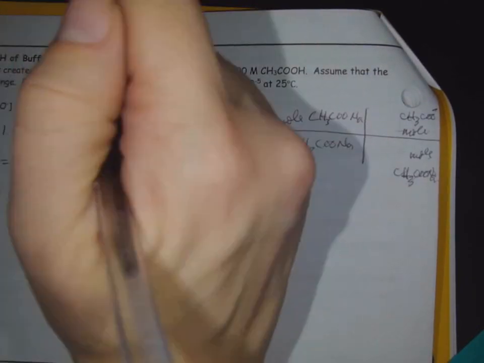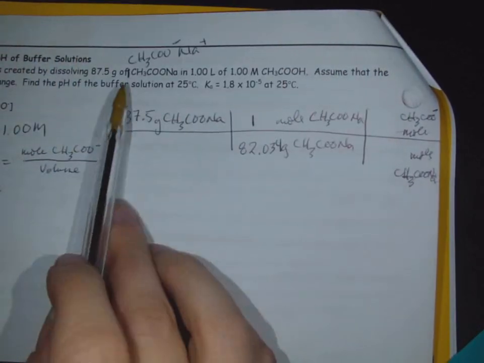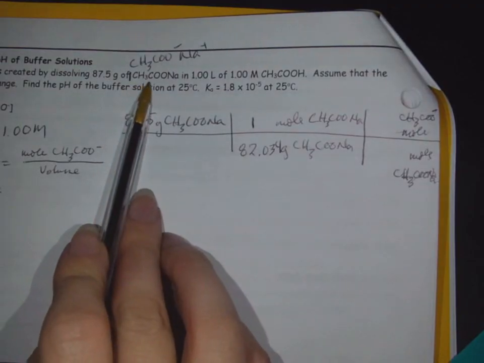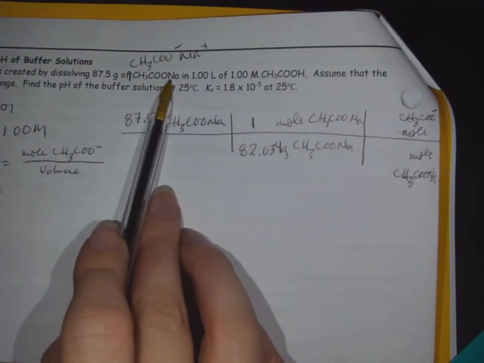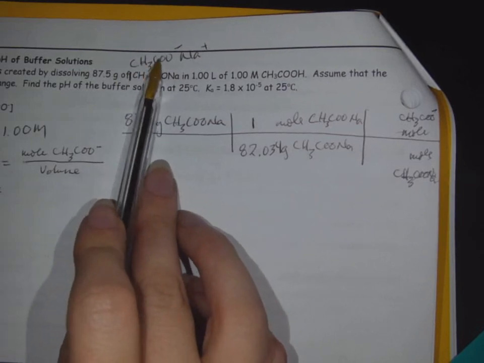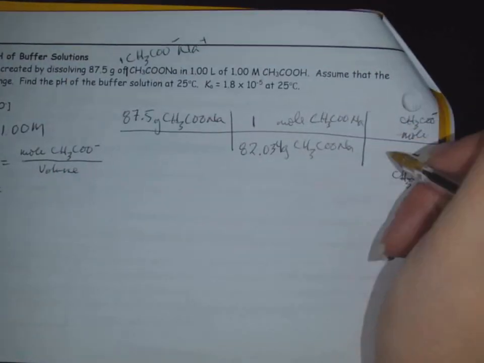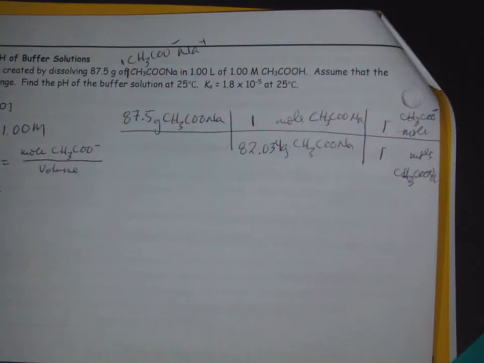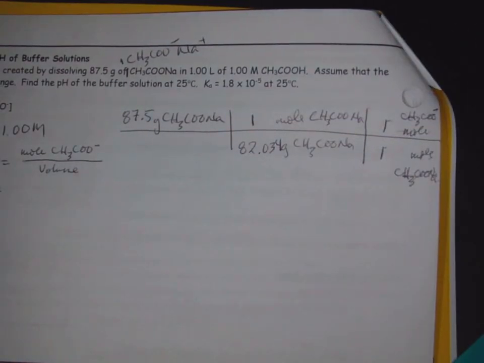And then look at this. See how if I have 1 of these CH3COONa, there is 1 CH3COO minus. So it's a 1-to-1, right? Like the moles of one equals the moles of the other.